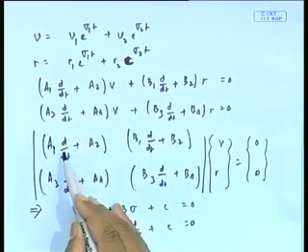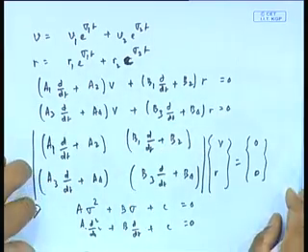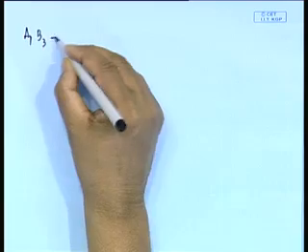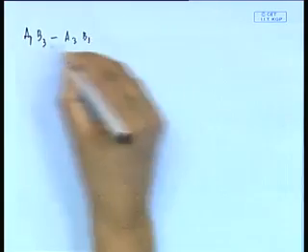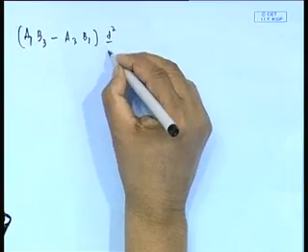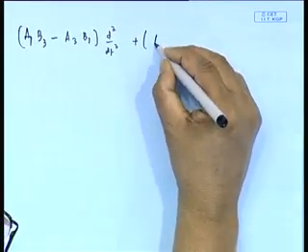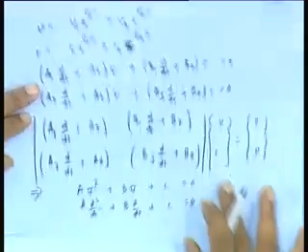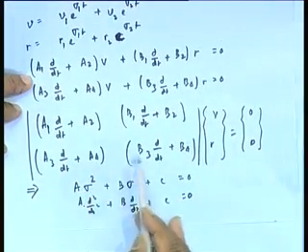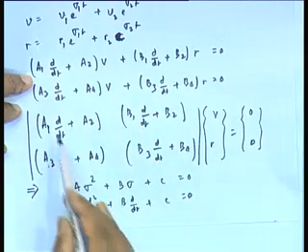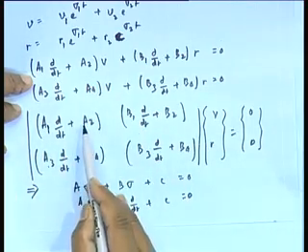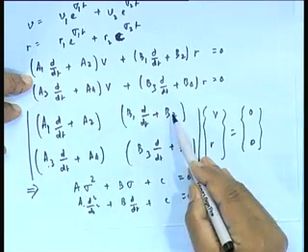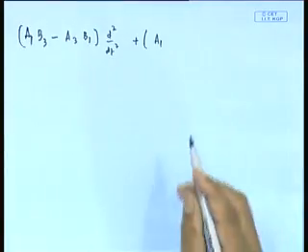That is, when I expand that, the terms proportional to d by dt square is a, etc. So if I expand that, I will end up getting a1 b3 minus a3 b1 as the d square by dt square terms. a1 b4 plus a2 b3 minus a3 b2 minus a4 b1 will be the d by dt term. So, that is what we will be writing here.